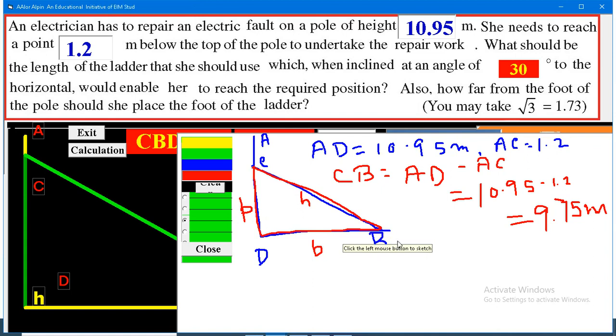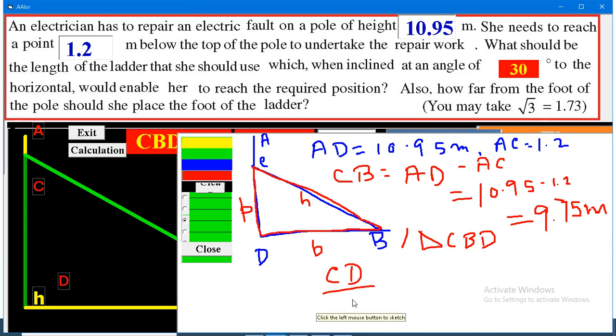So in triangle CBD, right angle triangle CBD, CD perpendicular by hypotenuse CB, because I have to find CB.